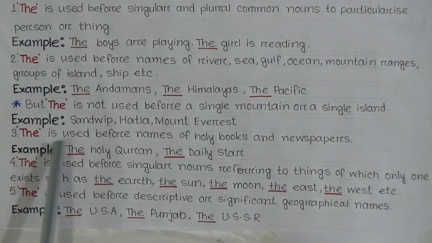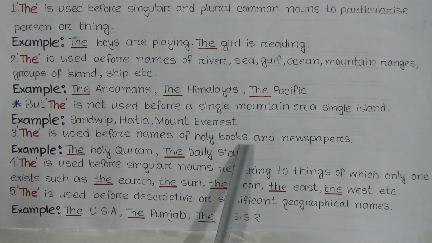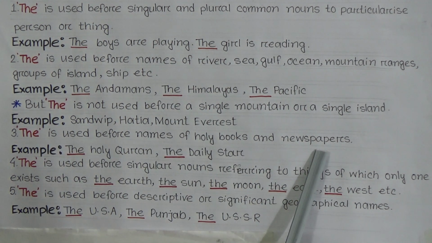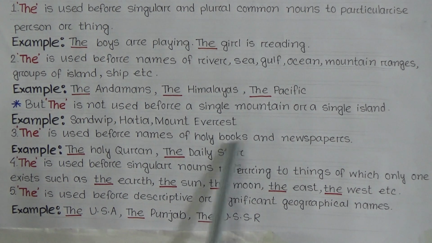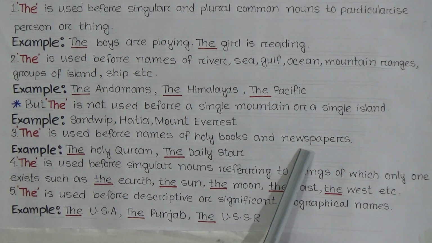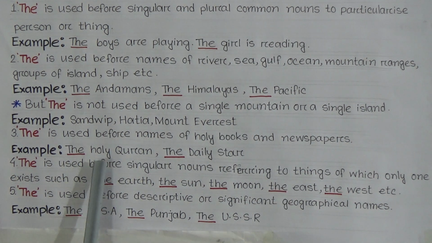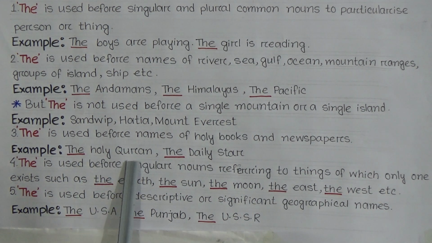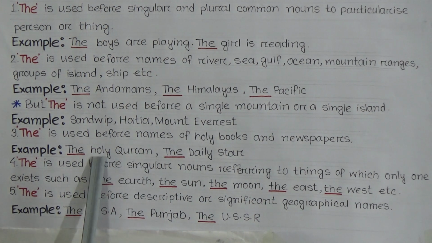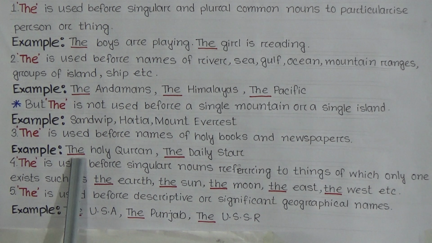Rule number 3, the is used before names of holy books and newspapers. So before the name of holy books and newspapers, we have to use the article the to identify it. Suppose Holy Quran. We know this is a holy book for Muslims. So before Holy Quran, we have to use the article the.